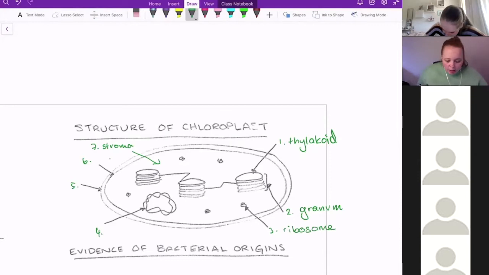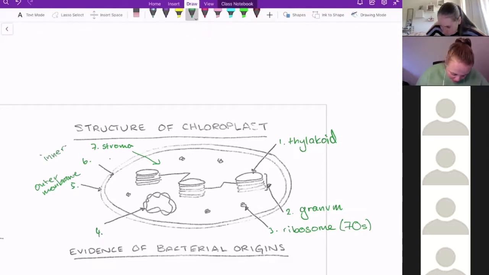So I've got a ribosome here. If I want to be really precise, I'm going to call it a 70S ribosome. 5 is the outer membrane. 6 is the inner membrane. And number 4 is the only one I'm missing.